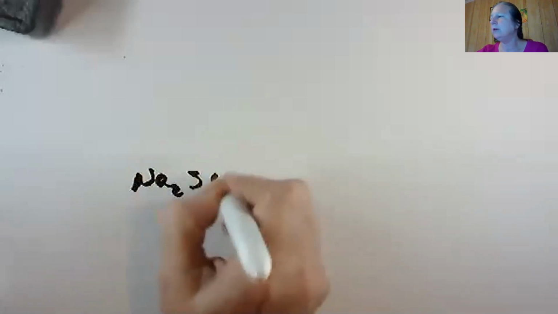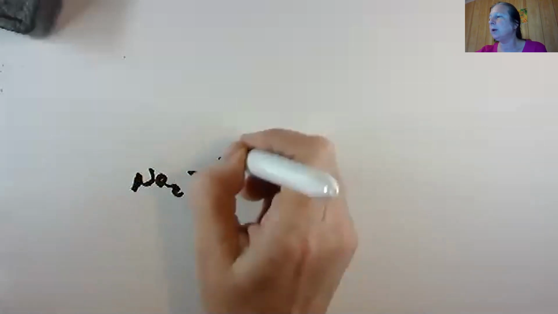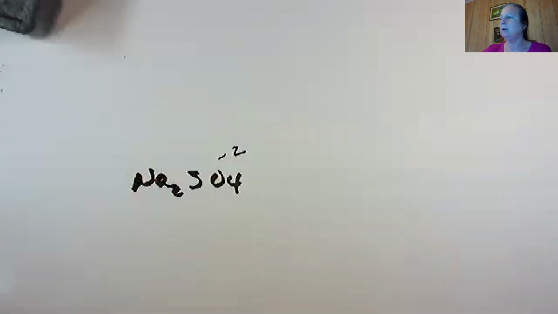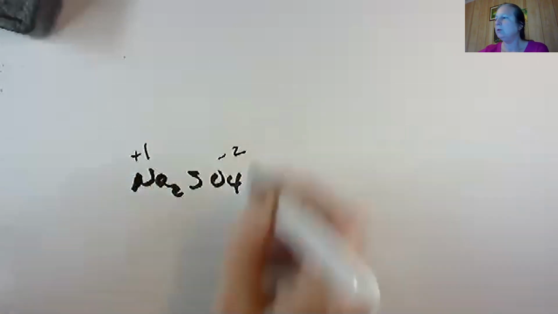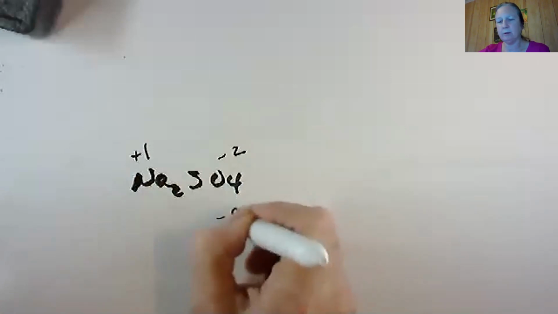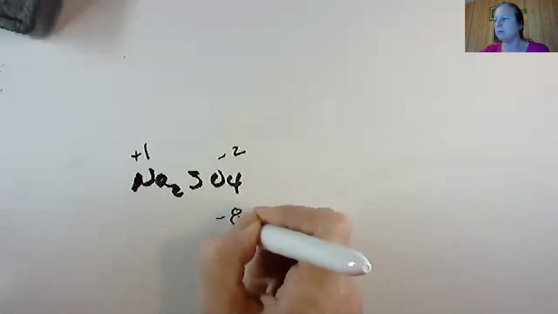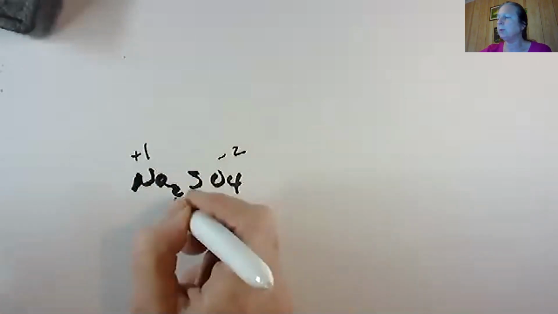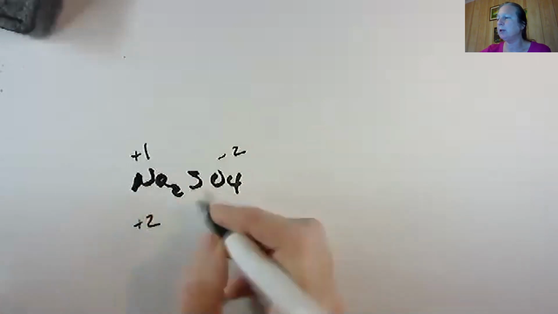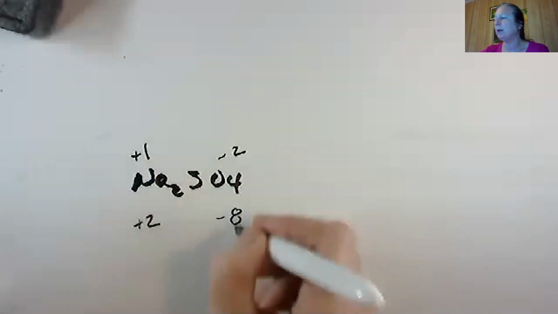So sodium sulfate, oxygen is -2. That is not a peroxide. Sodium is +1. It's in the group 1A column. So this is -8. This is +1, but I have 2 of them, so it's +2, right? 2 times +1, 4 times -2.